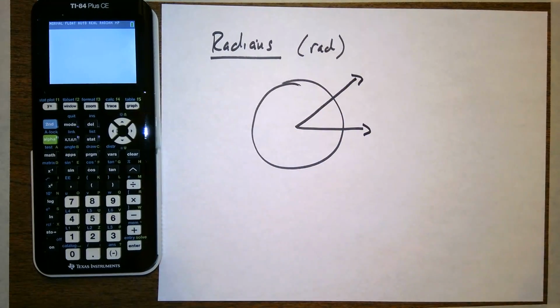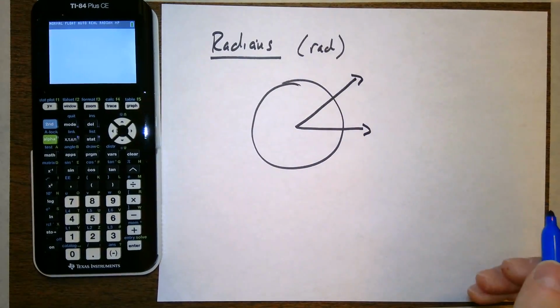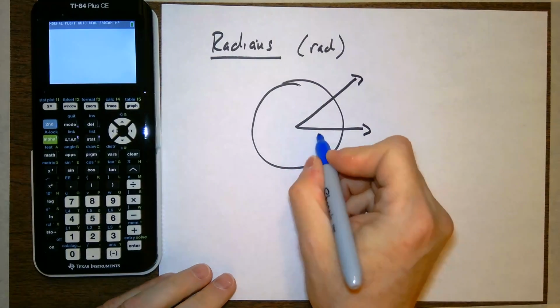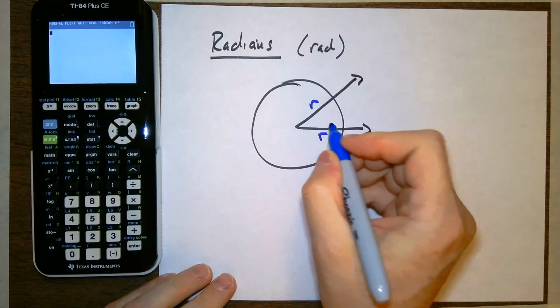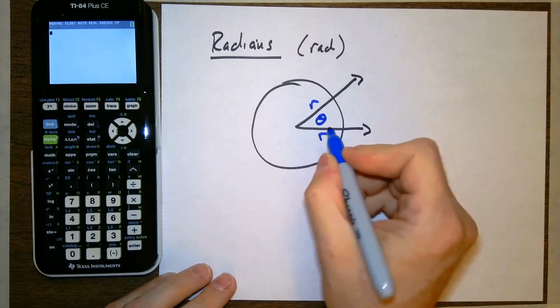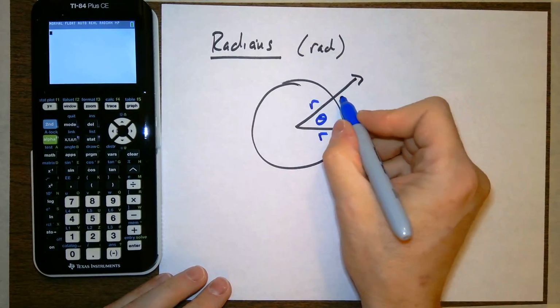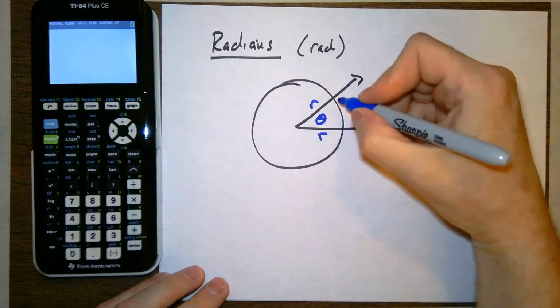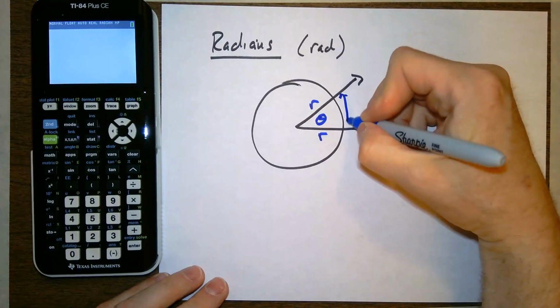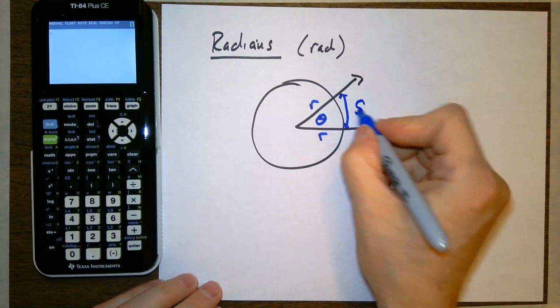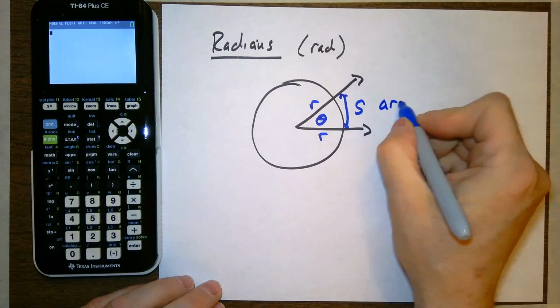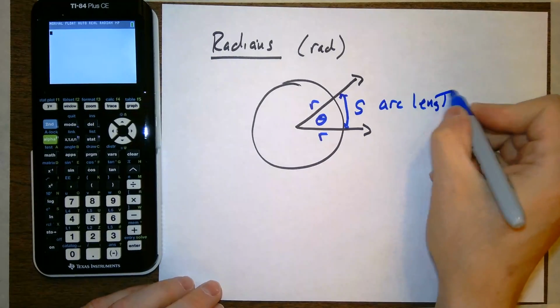So the important parts for the definition of a radian measure is the radius here, my angle here, which is going to be in radians in a moment, and this length of the arc, which we're going to call S, which is the arc length.